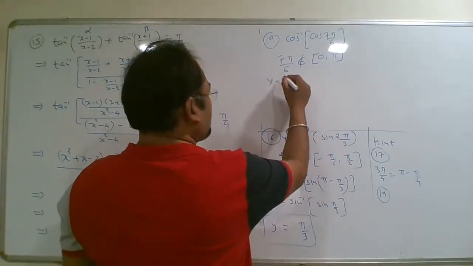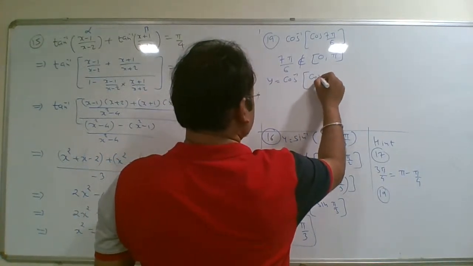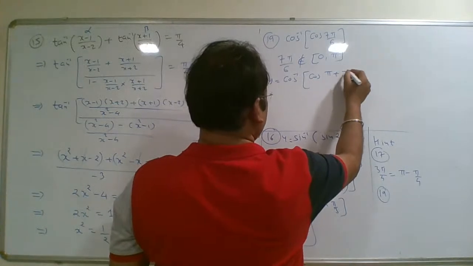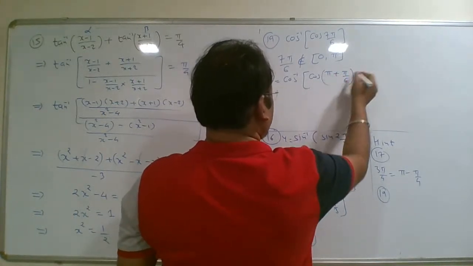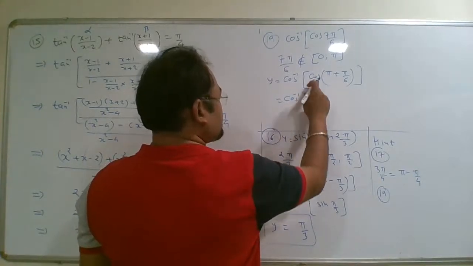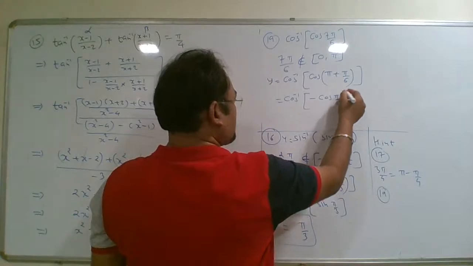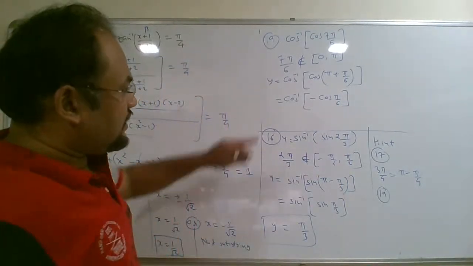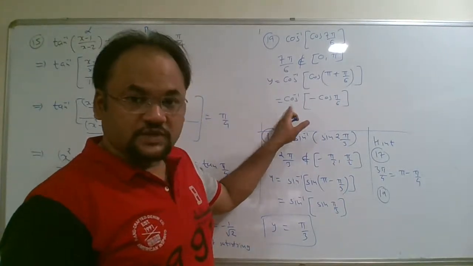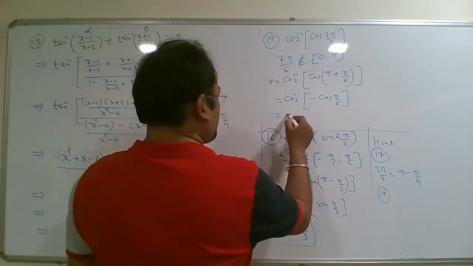Same way, converting cos 7 pi by 6, we can write as pi plus pi by 6. It is cos inverse of cos pi plus alpha, third quadrant, it is minus. And last time we have seen cos inverse of minus x. It is cos family. So which is equal to what?